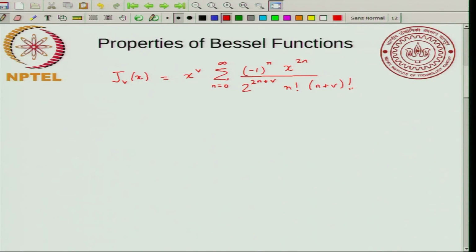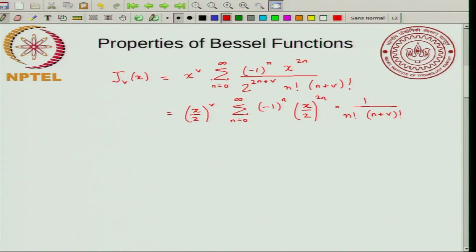You can write this in a slightly different form: (x by 2) raised to v, sum over n equal to 0 to infinity, minus 1 raised to n, (x by 2) raised to 2n, times 1 over n factorial (n plus v) factorial.